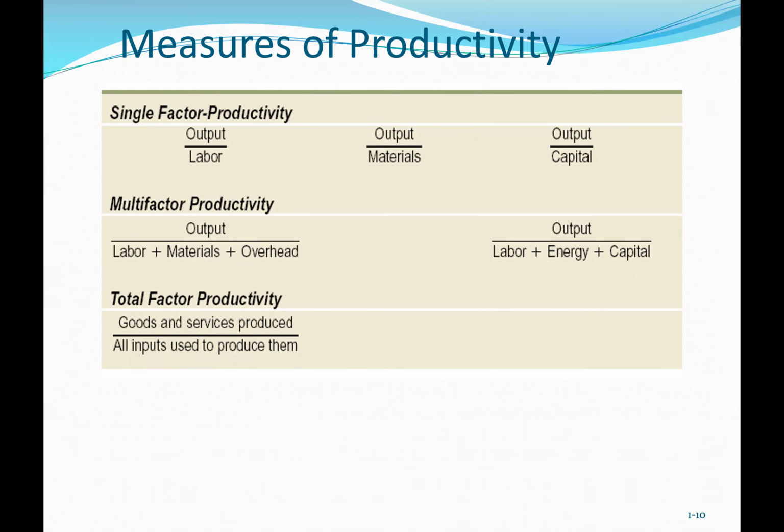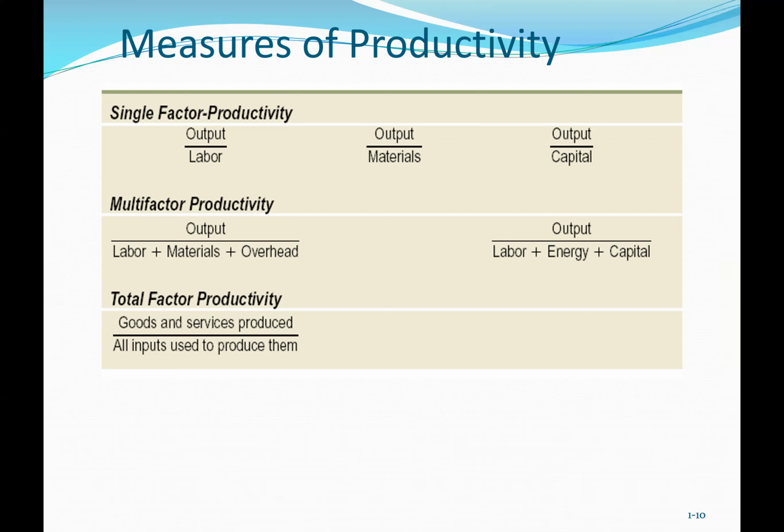Different types of productivity. We could have single factor productivity like labor productivity, materials productivity, or capital productivity. Obviously, if you are a production manager, most likely labor productivity would be the most important variable that you look at. A materials manager or quality manager will be looking at materials productivity, and engineering managers responsible for the capital most likely will be looking at capital productivity.